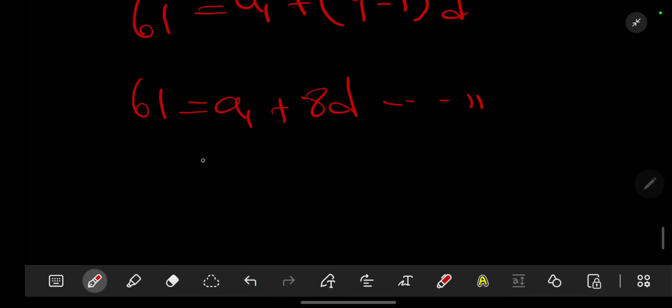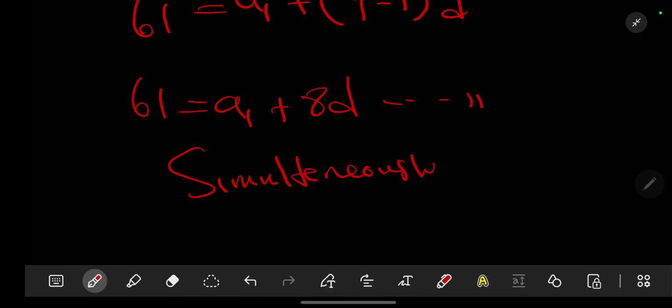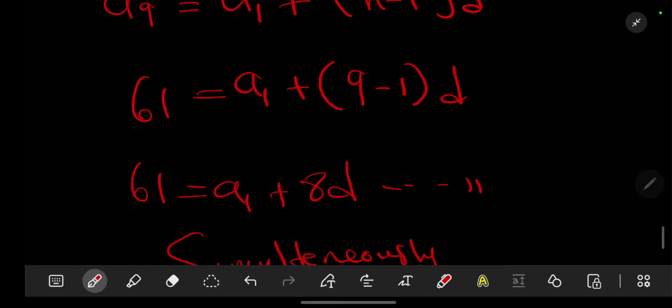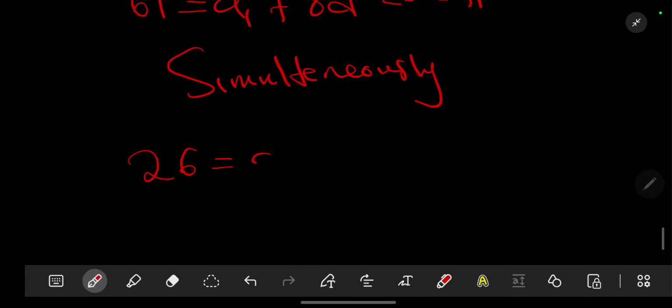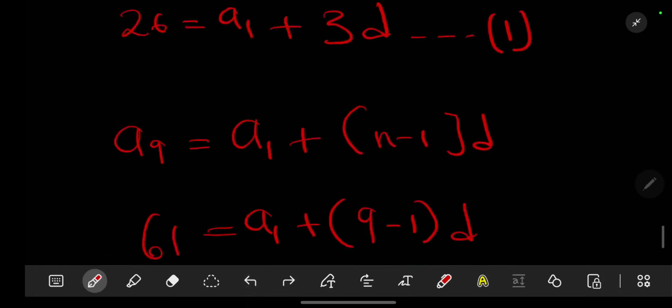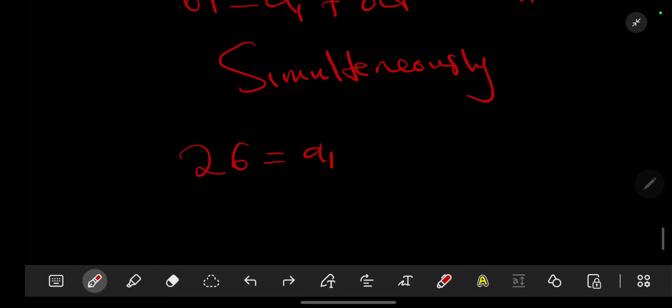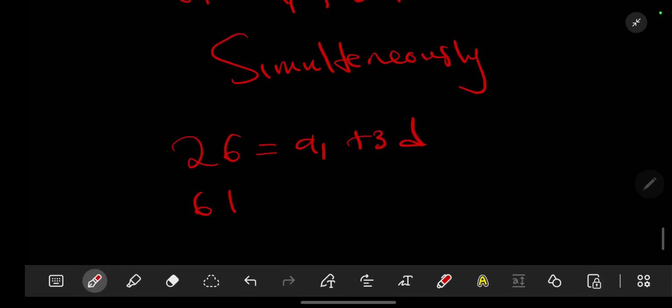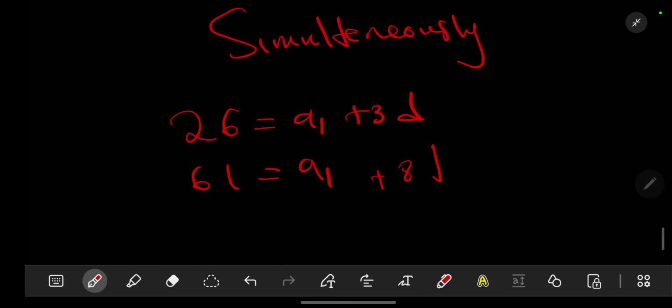So simultaneously, we are going to be solving 26 is equal to a1 plus 3d. We also have 61 is equal to a1 plus 8d.